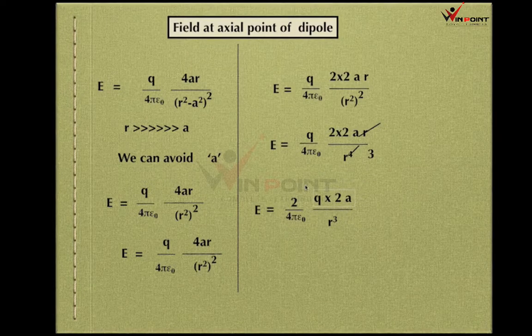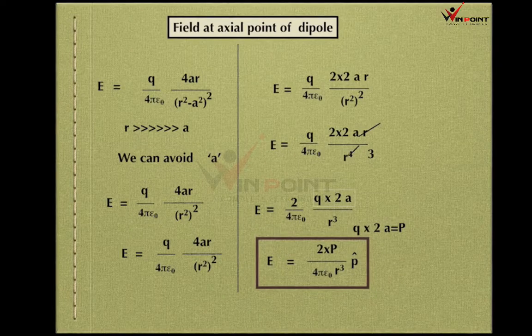This q2a is p, the dipole moment p. So it will be equal to 2 by 4 pi epsilon 0 r cube into p cap. This is the equation for electric field at the axial point of the dipole.